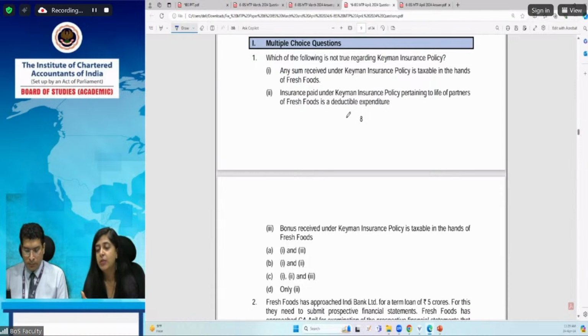Now it is about the taxability and the expenditure which a person incurs in relation to the Keyman insurance policy. So if I go to the direct tax portion, you first have to understand what a Keyman insurance policy is, then analyze the taxability regarding the expenditure of premium. Then you can answer this MCQ.